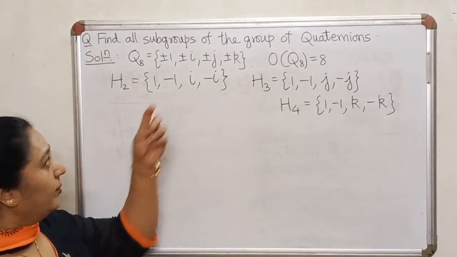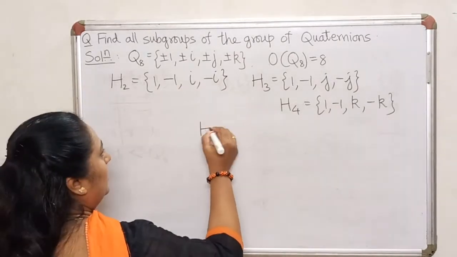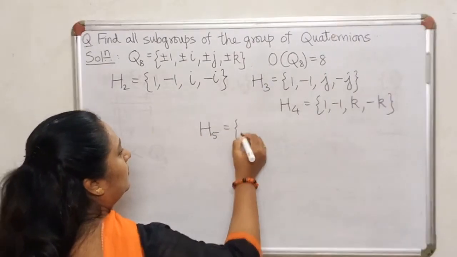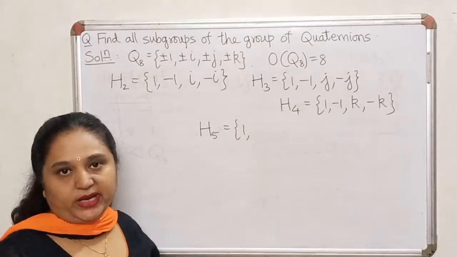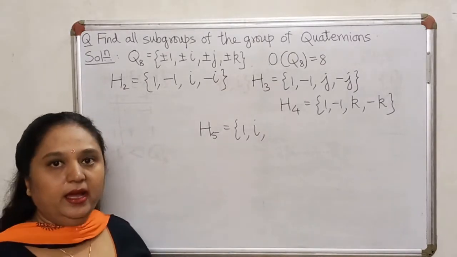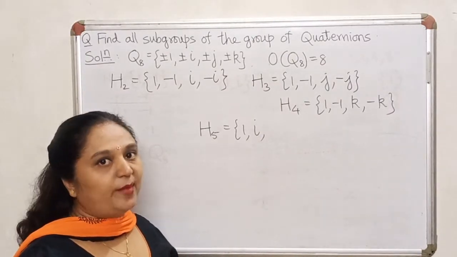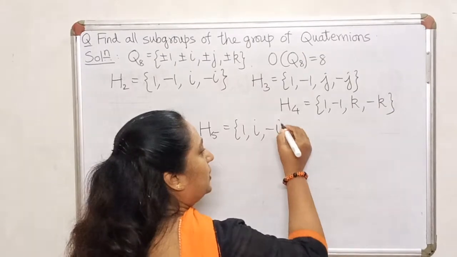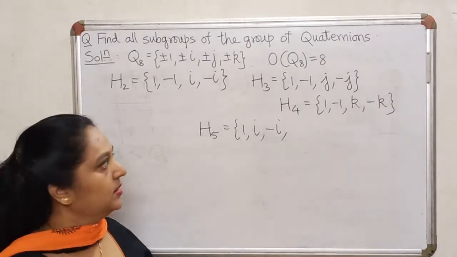Now what if I don't want my next element to be -1? So now I do not want -1 in my set. Suppose I take my second element as i. But the inverse of i is -i, so immediately I should take that as my next choice.